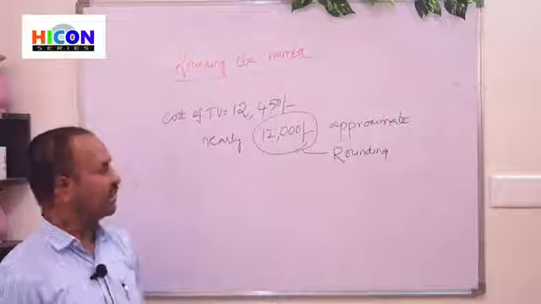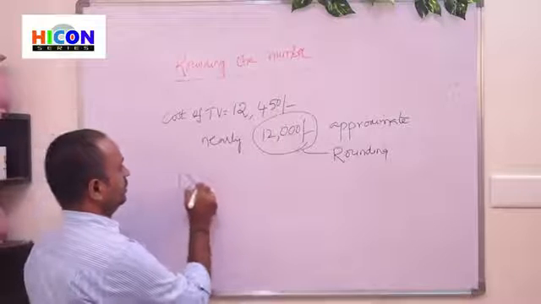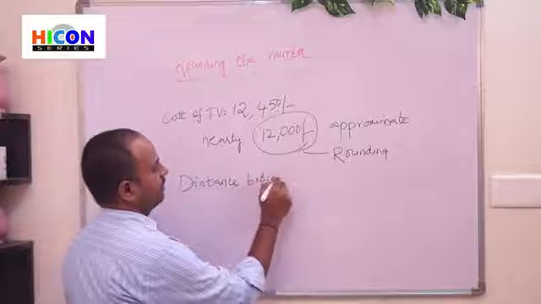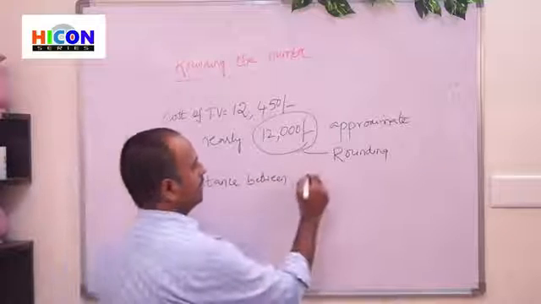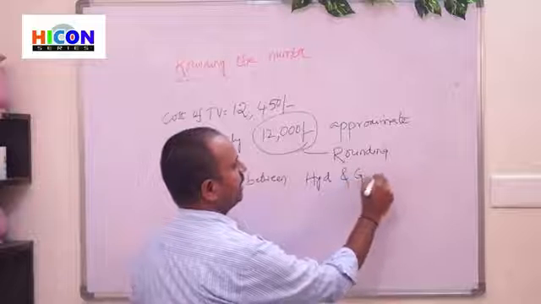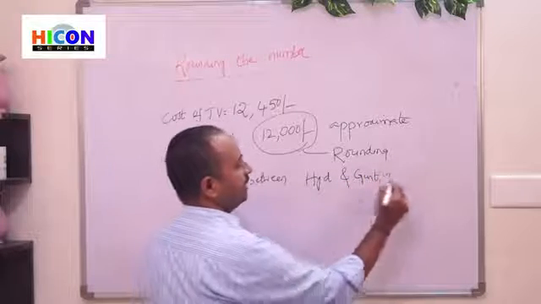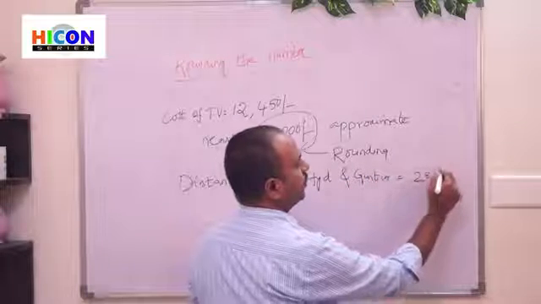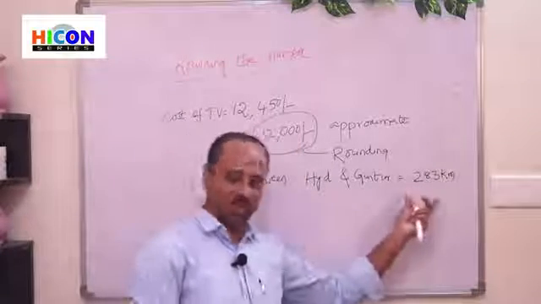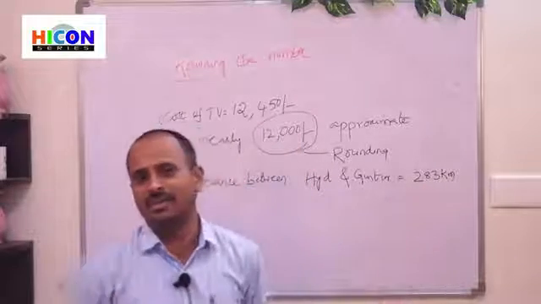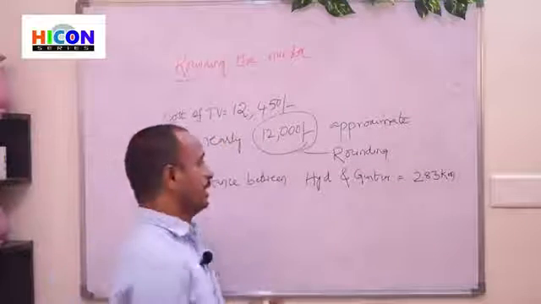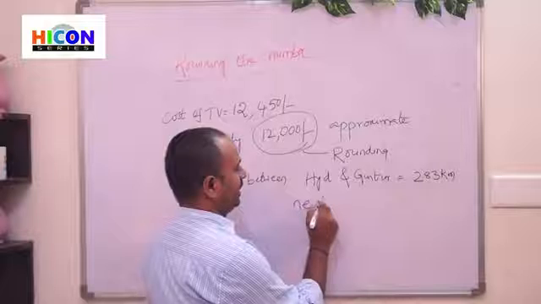For example, the distance between Hyderabad and Guntur is exactly 283 kilometers. And if you don't remember this exact value, then we will say that the distance between Hyderabad and Guntur is nearly 300 kilometers.